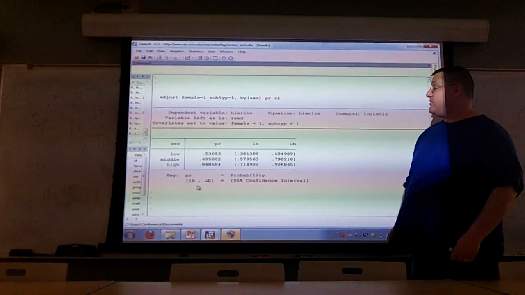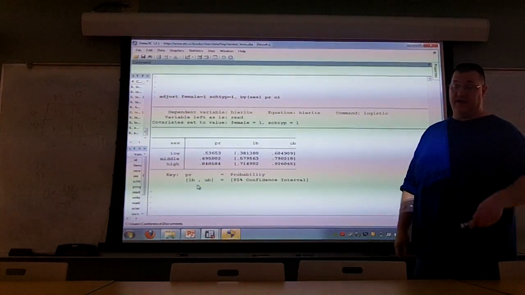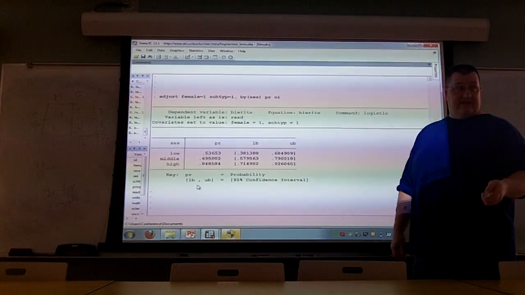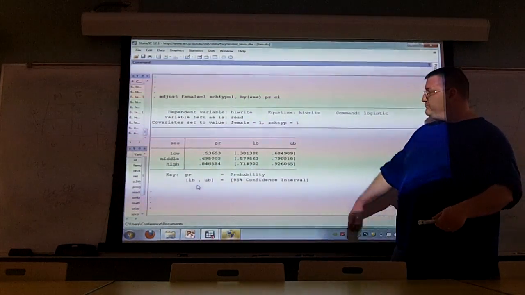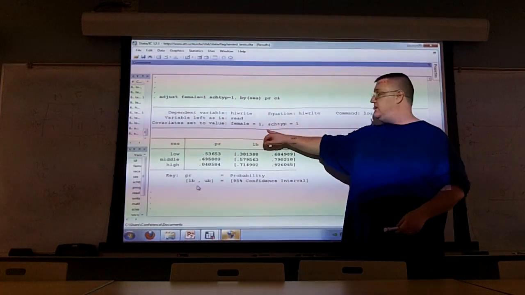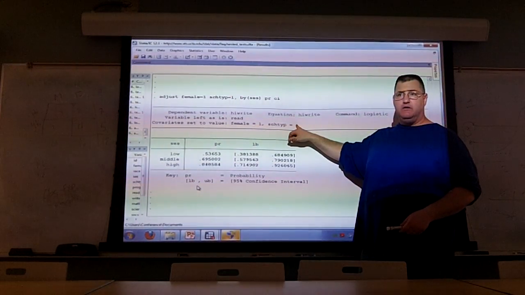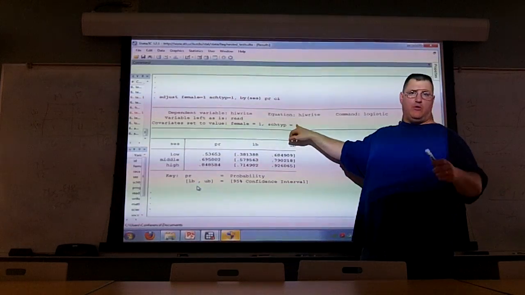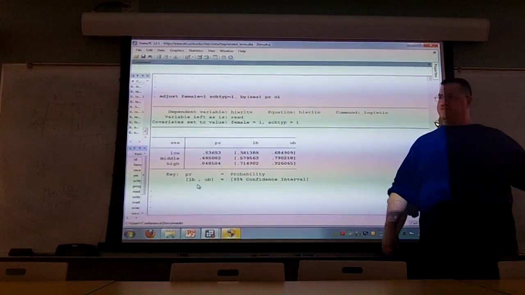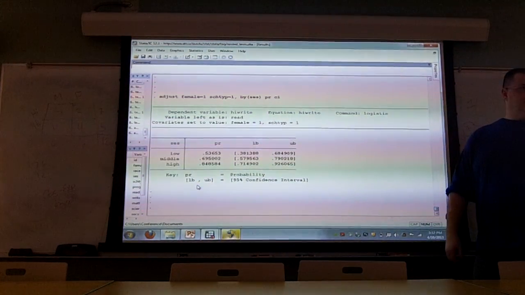So this becomes the probability of getting an above average writing test score if you're female and you're in school type 1. Right? So now we can get very specific criteria here. Does that make sense?